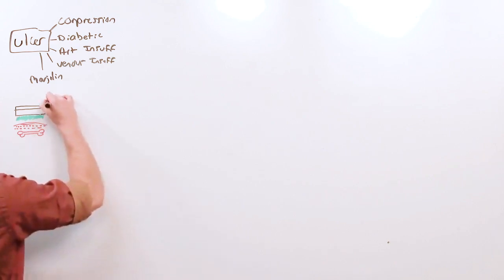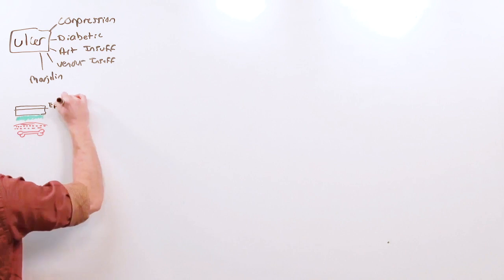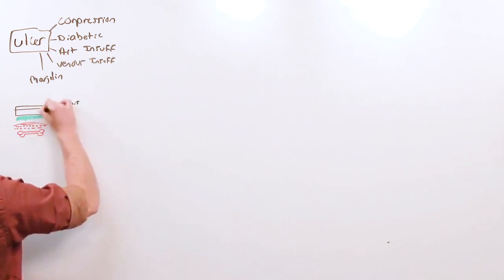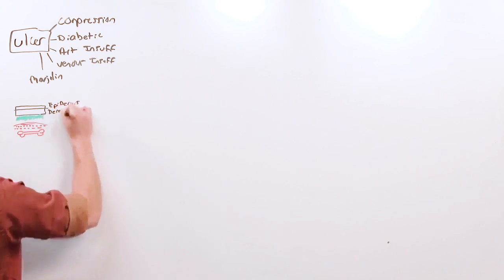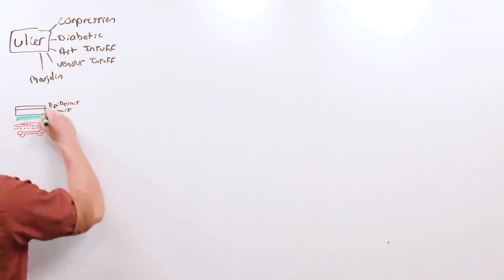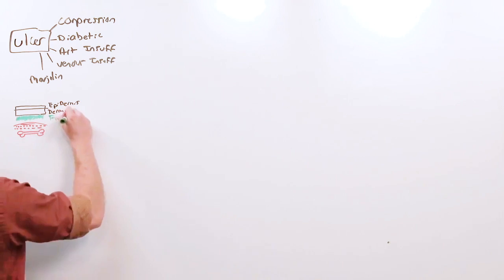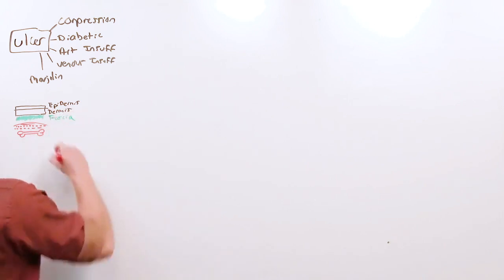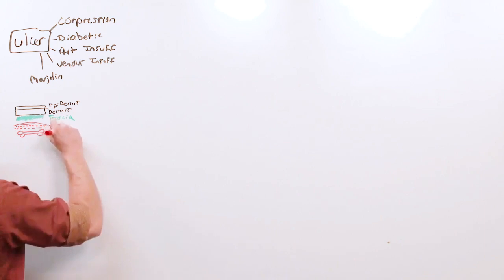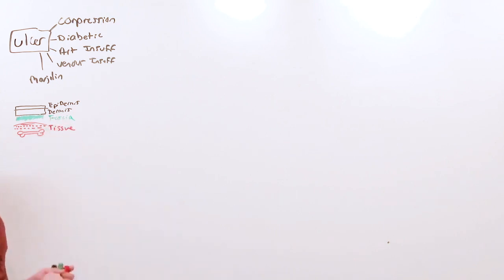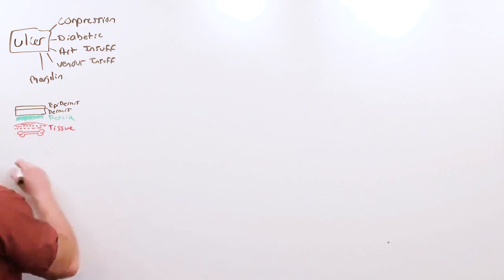So you've got the epidermis, the dermis, the fascia, and then the deep tissue, muscle and bone. And it would be nice if it is lined up like this for stage 1 through 4, but they don't.